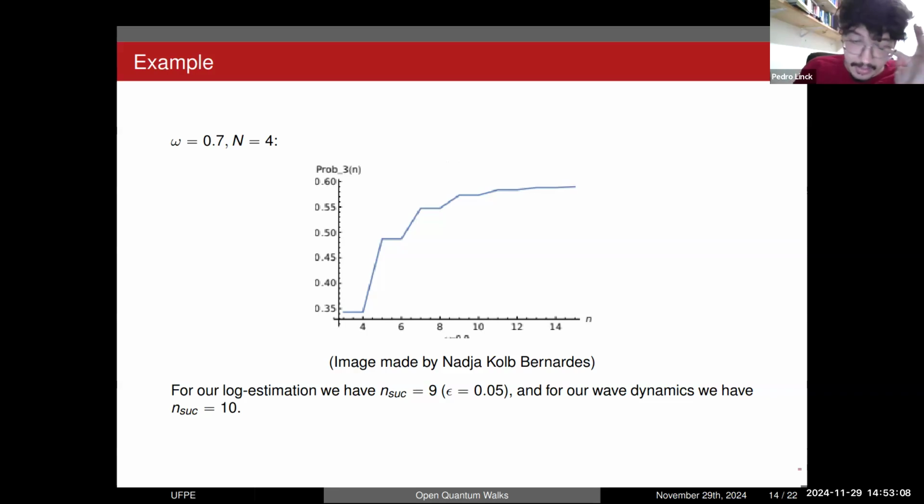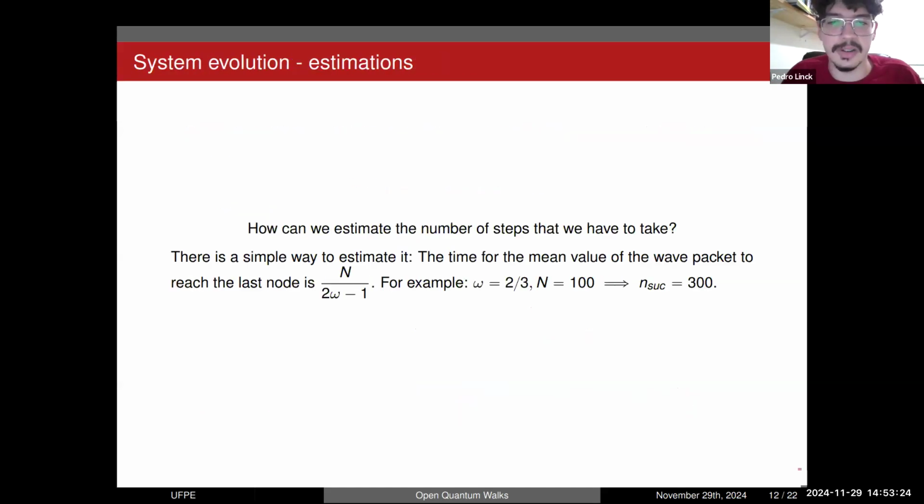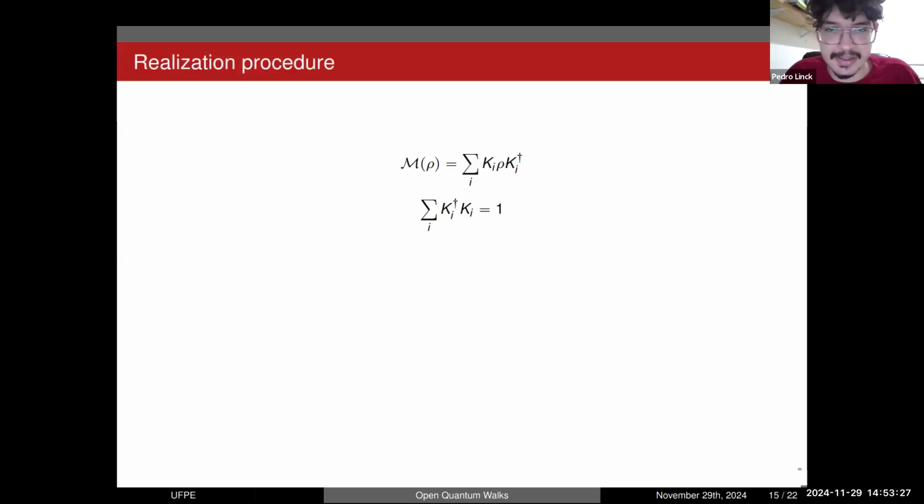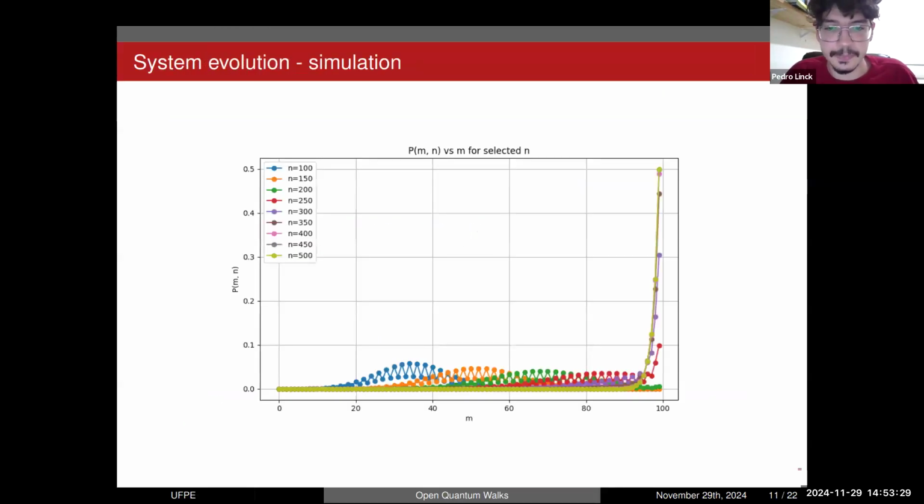For example, in the last node, the probability is only changing at n equals 4, 6, 8, 10. So we have two dynamics, one for the even nodes and one for the odd nodes. The zigzag is due to this, okay? Okay, yeah.